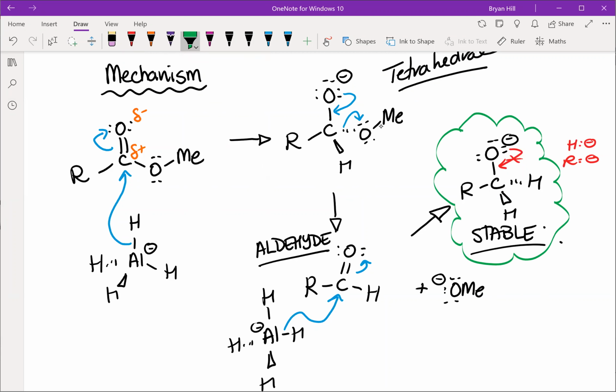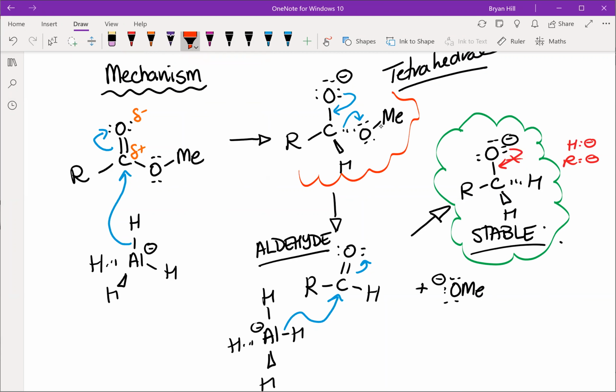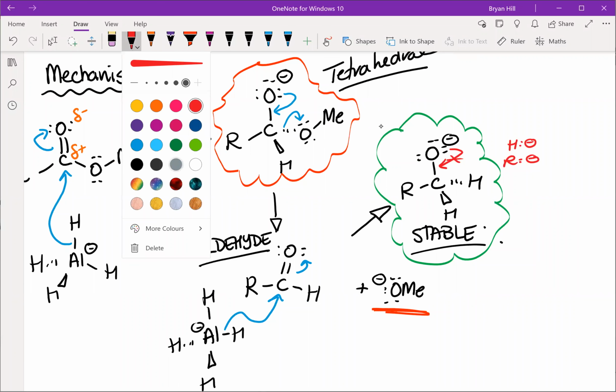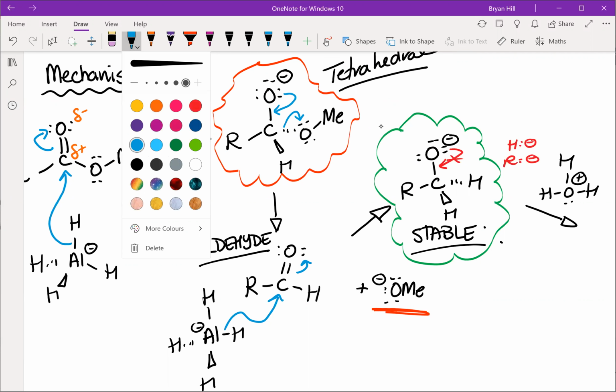Whereas the tetrahedral intermediate over here, because you've got OMe minus, is basic, but not as basic as hydrogen minus or carbon minus. So it can be booted out. Then the aldehyde reacts and you have the stable intermediate. The second step is exactly the same as before. We would add H3O plus when the reaction's over.